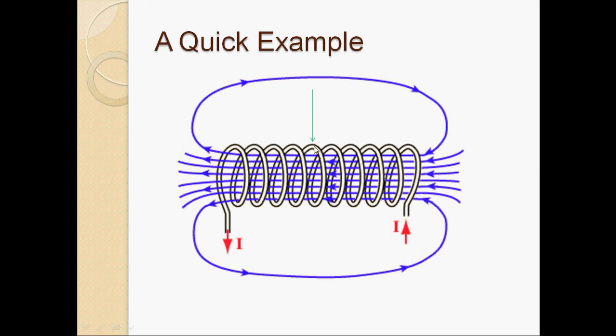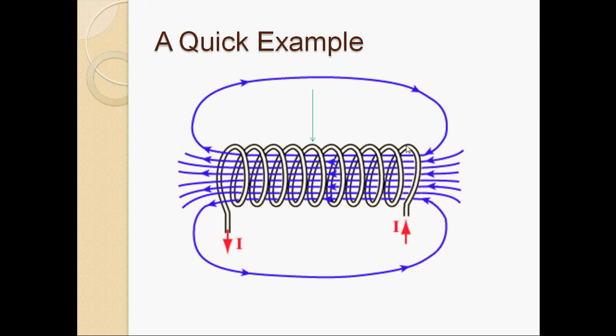If we follow the current along, we see that it goes up in the front and then down in the back. So coming up in the front, right at the very top here, it's going perfectly into the page away from us.